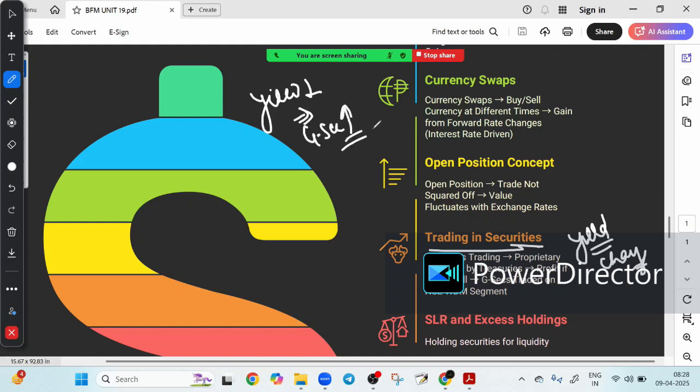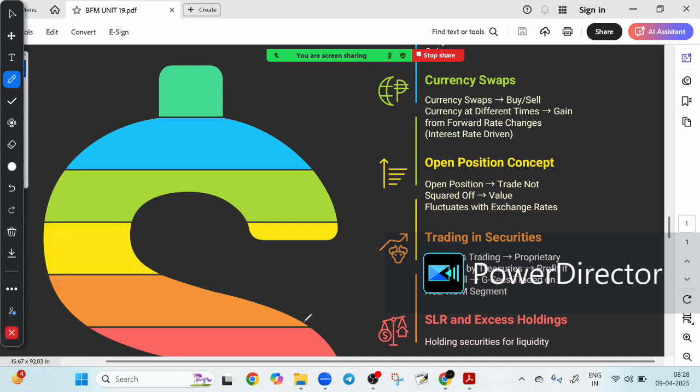If the yield decreases, government security value increases, and that is how the bank makes a gain, especially in the NSE wholesale debt market. That is called trading in securities, right? So whenever treasury trades securities, it is often to profit from the yield change. When yield decreases, government security price increases, and this is how the bank gains, right?